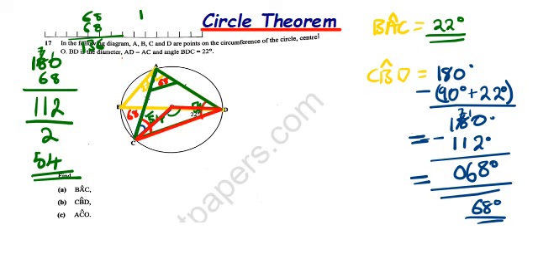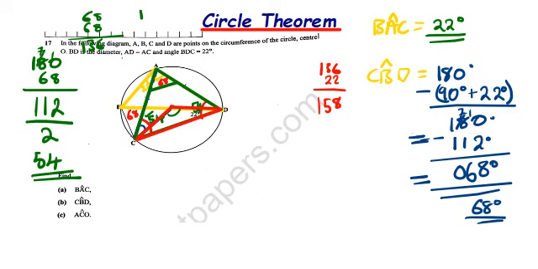Now here I've already come up with an angle which is 136. Now that 136, I already have a 22 there. So what I just have to do is say 136 plus 22, which simply means that I'm going to have 158.